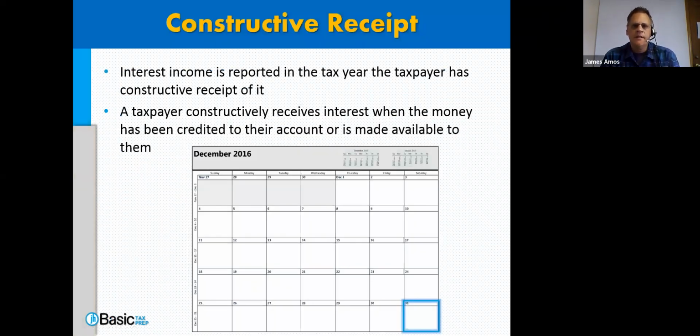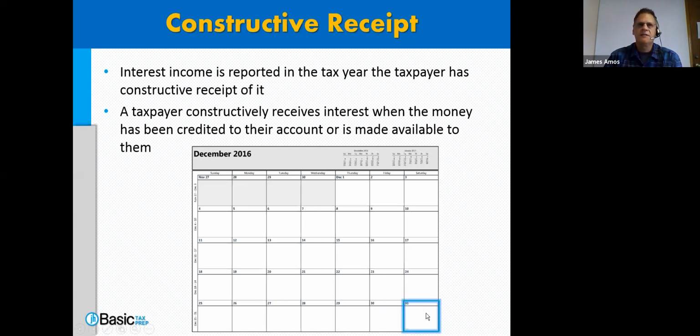Interest income is reported in the year that the person gets constructive receipt of it. A taxpayer constructively receives interest, or anything for that matter, when the money has been credited to their account or made available to them. An example of this might be, on December 31st of 2016, interest of $10 was credited to your account.